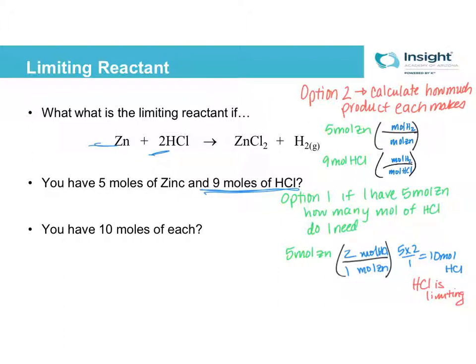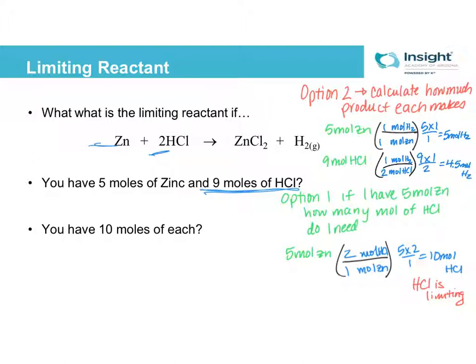So if I plug in my molar ratio numbers, zinc is a 1, H2 is a 1, and HCl is a 2. So I'm going to have 5 times 1 over 1, which equals 5 moles H2. And here I'm going to have 9 times 1 divided by 2, which equals 4.5 moles H2.